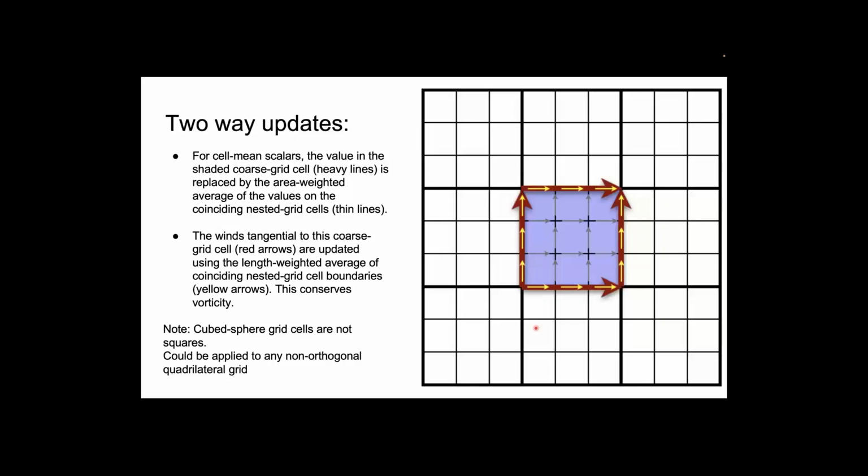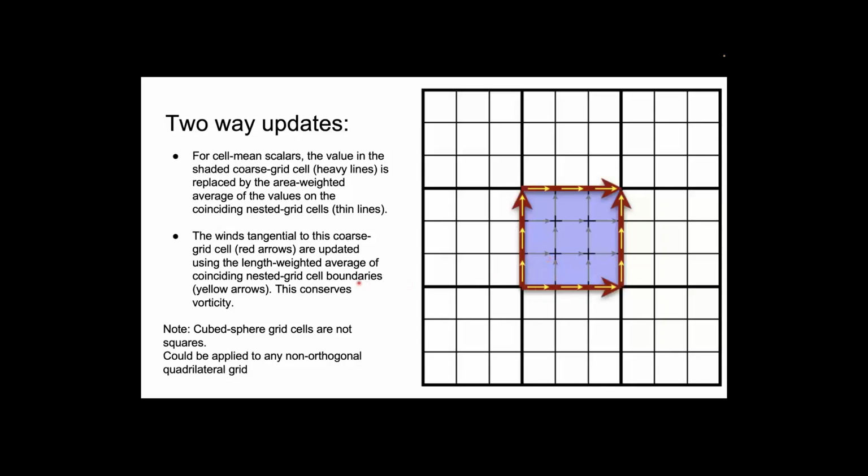So for the two-way updates for cell-mean scalars, for instance temperature or pressure in these small squares, we do an area-weighted average of the variables inside the small squares to get their average for the big square. And for the winds, for instance the D-grid winds that you see here, they are tangent to the grid edge.